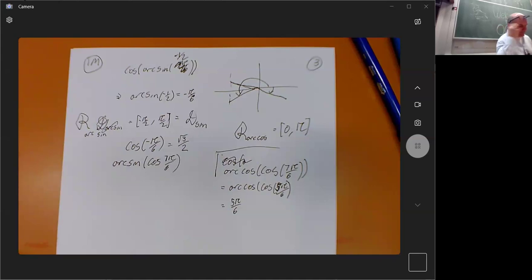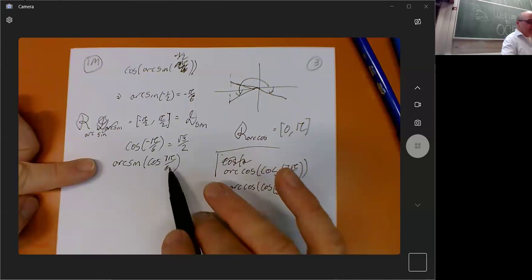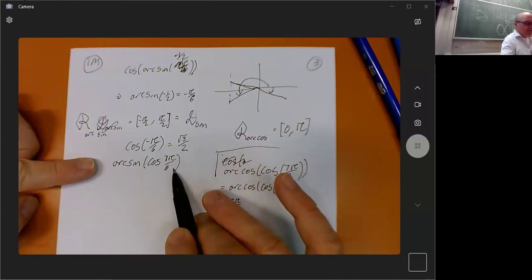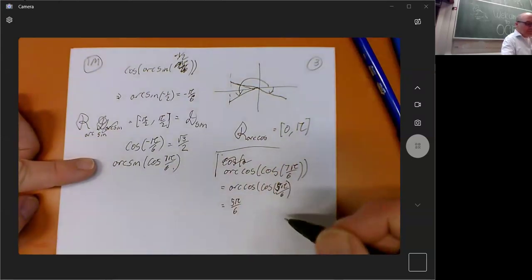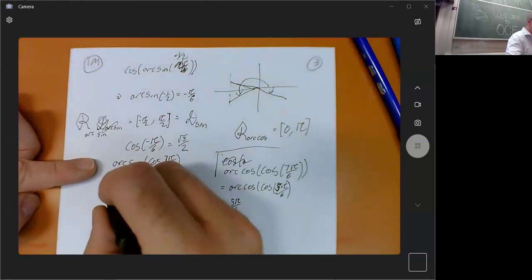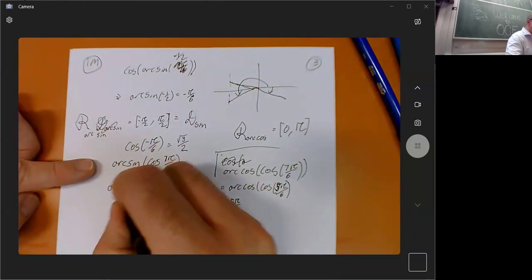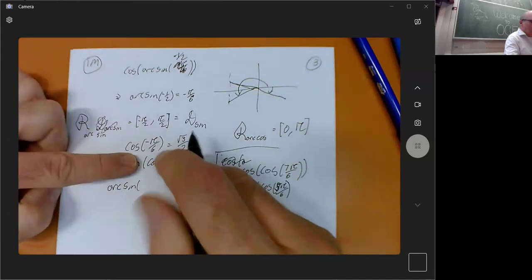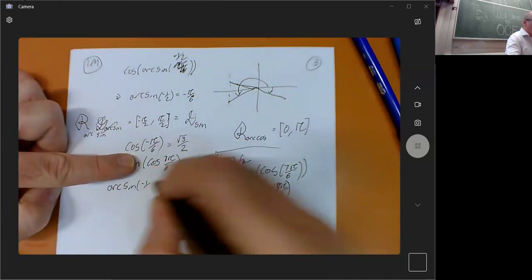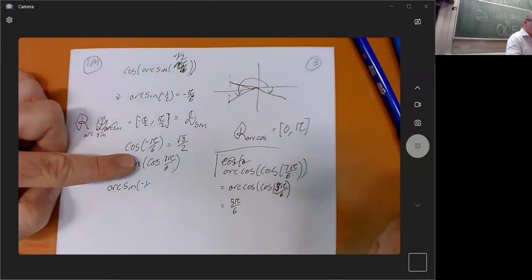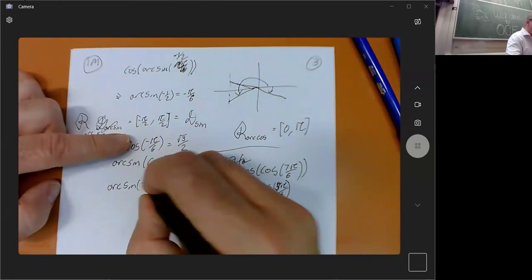Similarly, once we've gone here, cosine of that, so that's going to be arc sine. Working out this value gives me minus cosine, minus root 3 on 2.